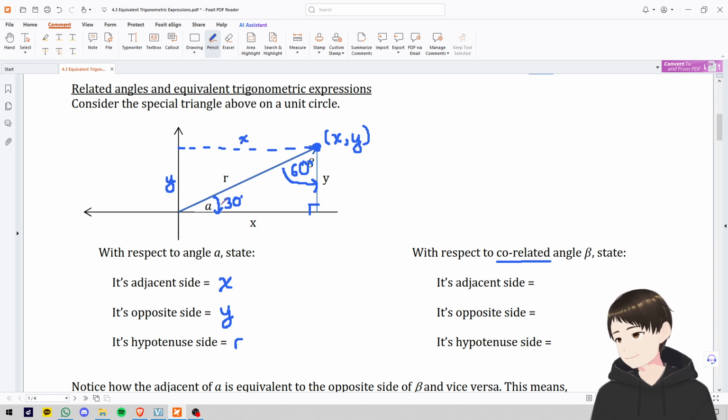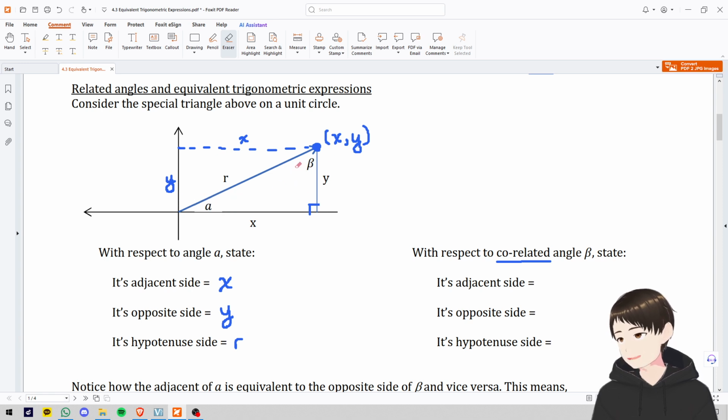If my angle A is 30 degrees, what would you say this complementary angle here would be? Same as B, it would be 60. So instead of writing angles this time, I just use the numbers because it would help us understand.